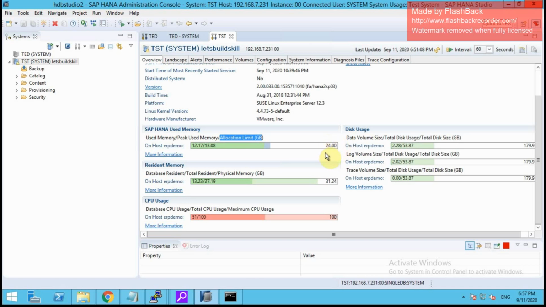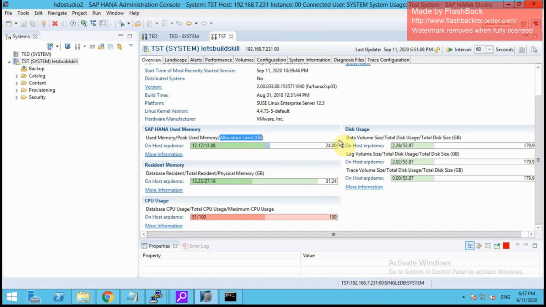This can be controlled with the help of a parameter called allocation limit, or global allocation limit. This is nothing but the maximum amount of memory that can be used by your HANA database. Meaning you can use your HANA database up to 24 GB. Though your machine has 32 GB of memory, the HANA database will never go beyond 24 GB.